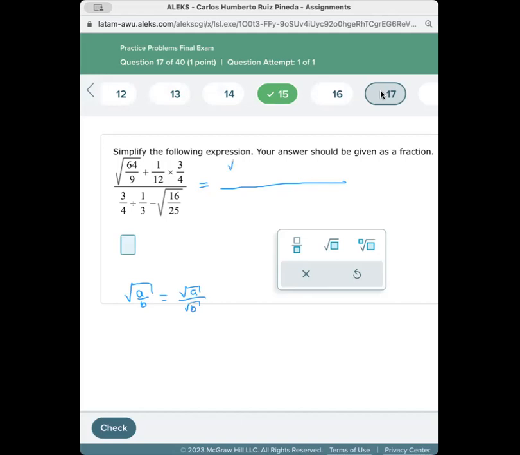So it's square root of 64 divided by square root of 9 plus, in the second expression, we have a multiplication of fractions. So we get 3 divided by 48. Now we will simplify afterwards.